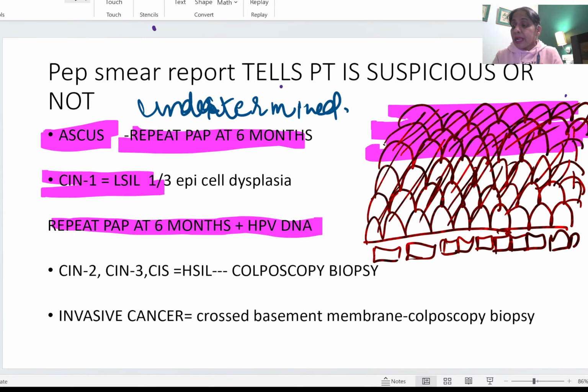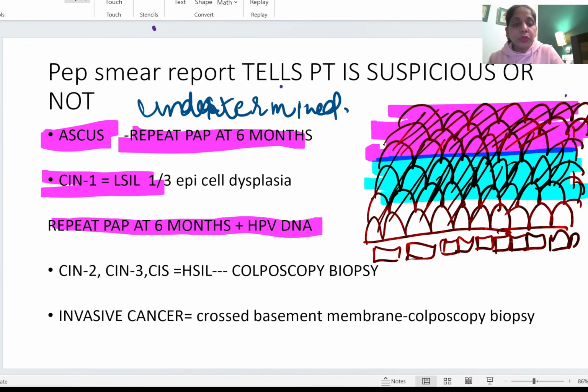If the pap smear report comes out to be CIN2, CIN3 or CIS: CIN2 means that from one third to two third of the epithelium is involved. CIN3 means that more than two third is involved.